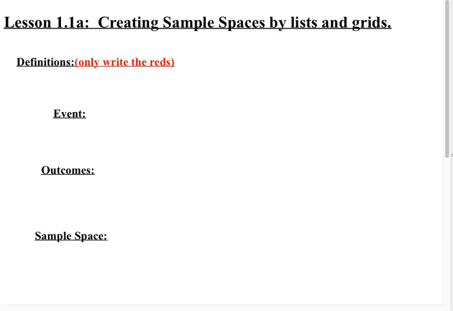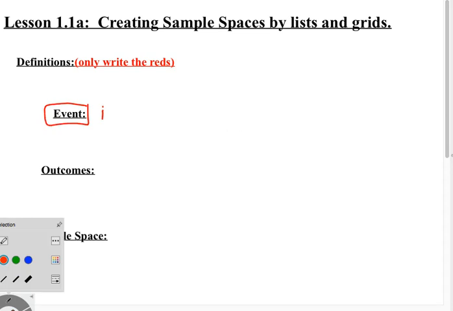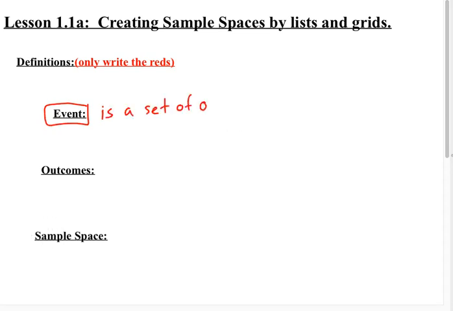Okay, definitions, always something important in math. An event. What is an event? An event is a set of outcomes of an experiment.